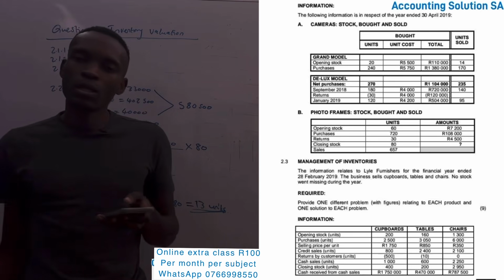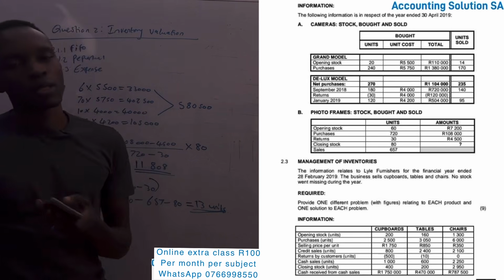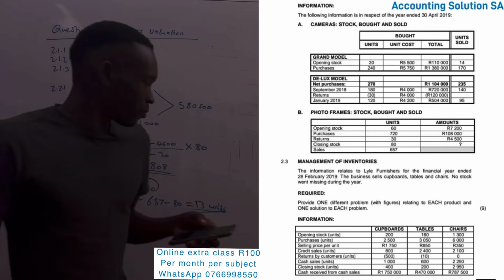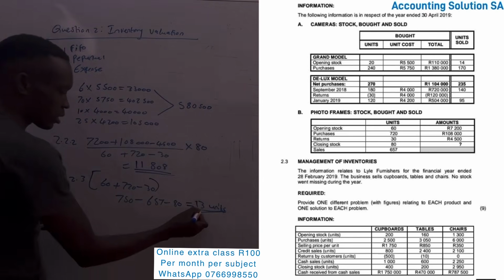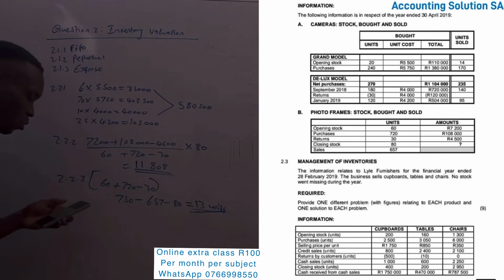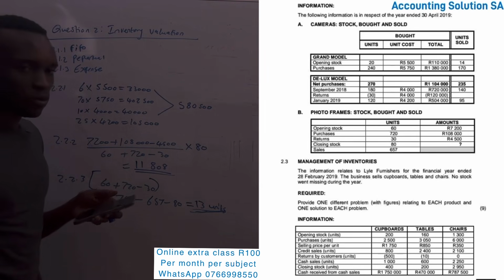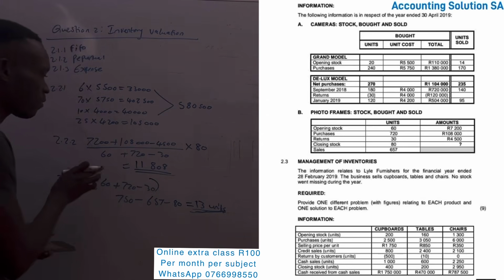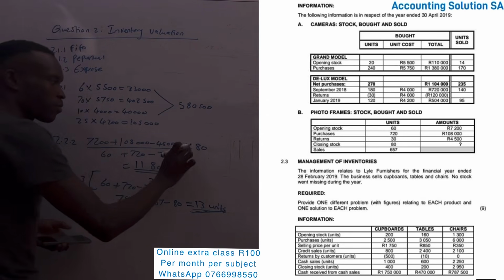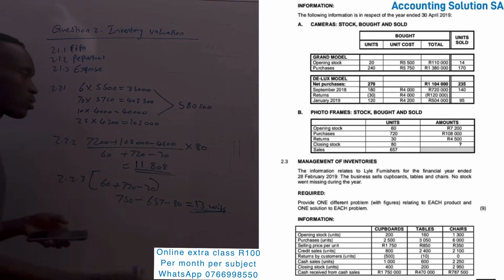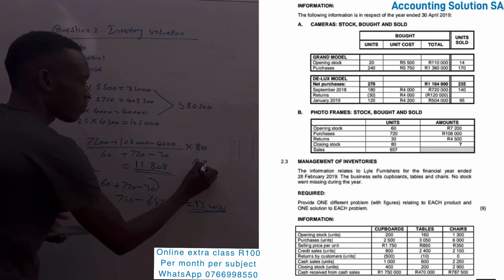Do you think it's a good idea? No, it's not a good idea. Why? Because we only lost 13 units, which is very low. If you check the price of these 13 units by the average price, the average price is going to give you 140. Average price is this one before you multiply by 8, which is going to give you 147 per unit.